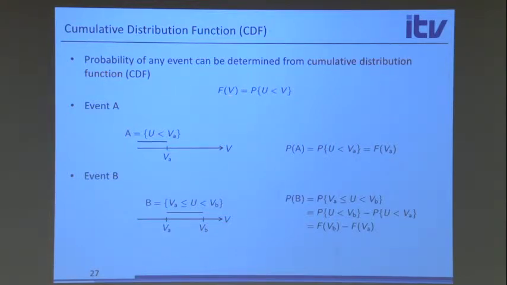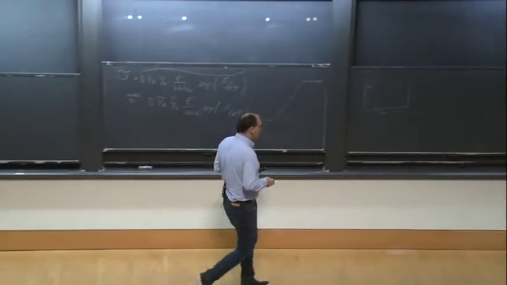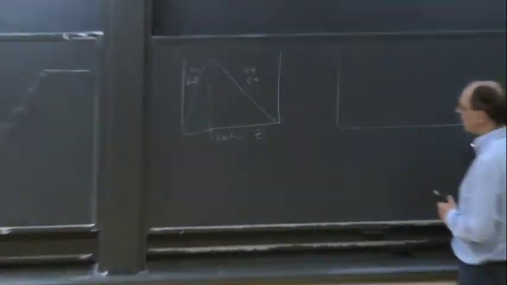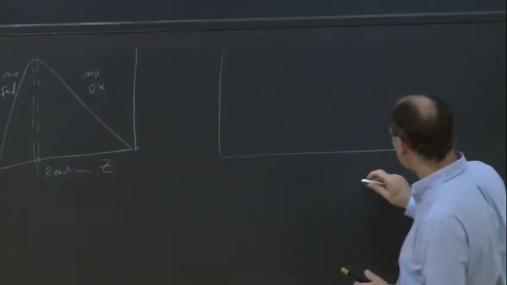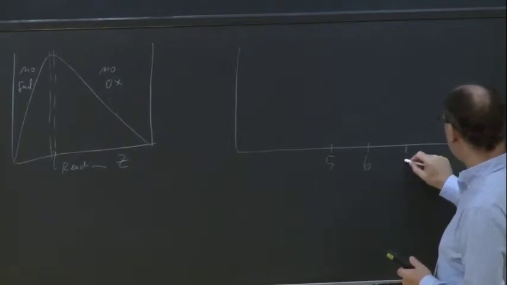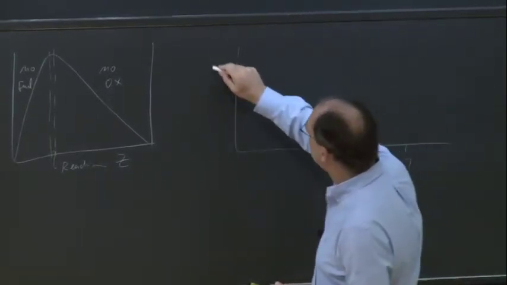And if we do that, then we just call it the cumulative distribution function. So the cumulative distribution function is just the probability of all possible values of the sample space variable. So let's say 5 meters per second, 6 meters per second, 7 meters per second, and this is the probability.